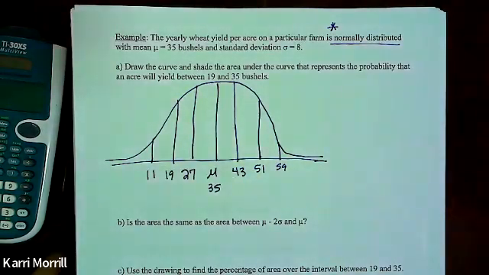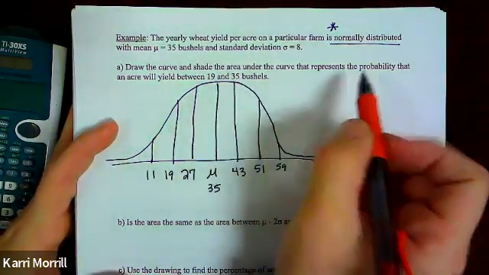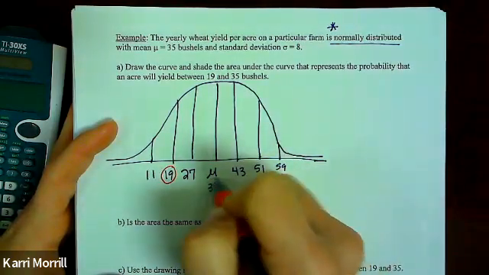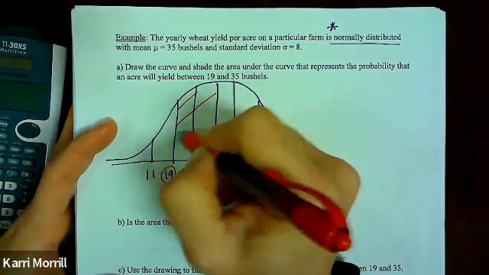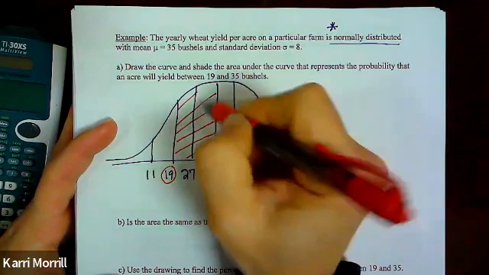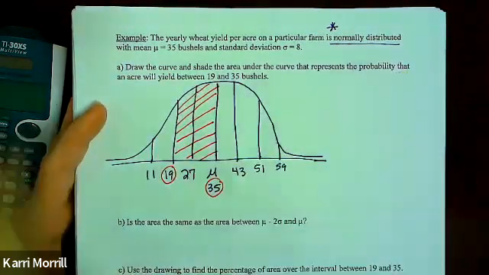But it asks us to find the area under the curve that represents the probability of 19 bushels to 35 bushels. So we're talking about this area between those two lines. And so this is my shading. If you have a highlighter and you want to do a better job shading, go ahead.